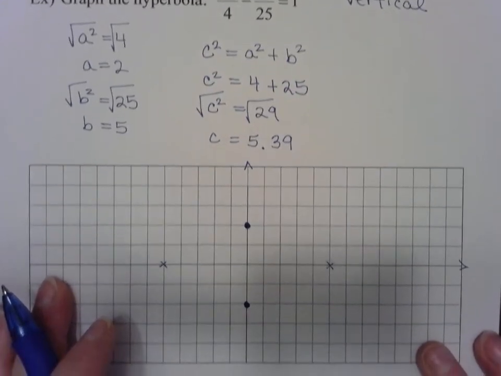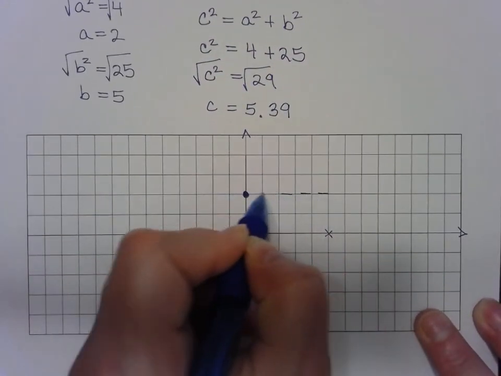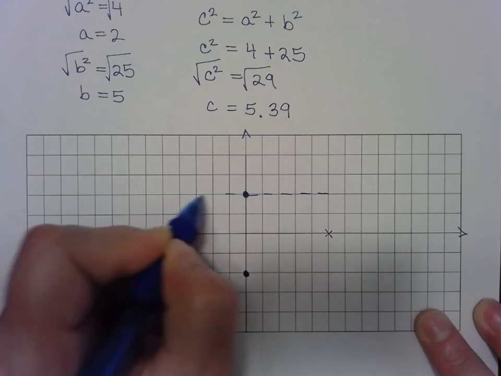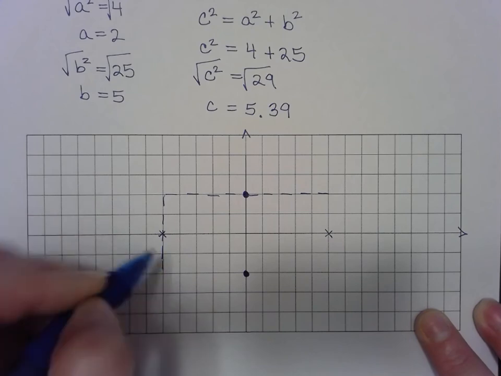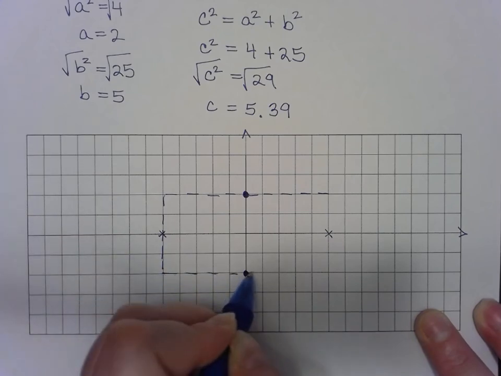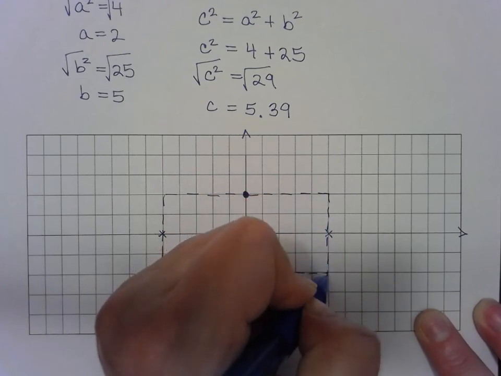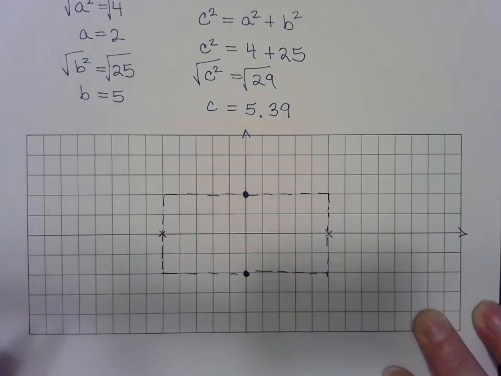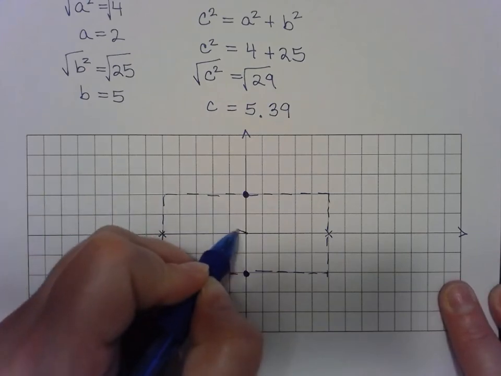Then we want to draw our dotted box around those. Okay, and then we want to draw the diagonals through those dotted boxes.